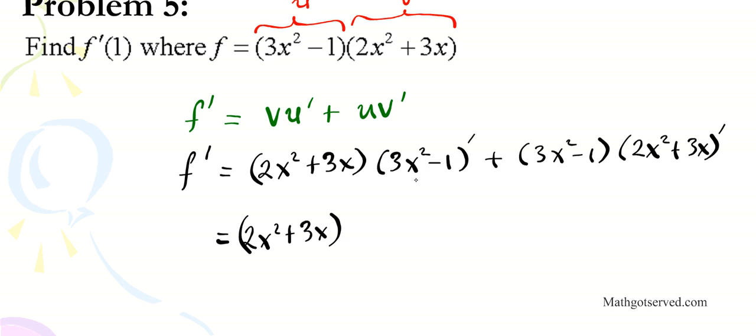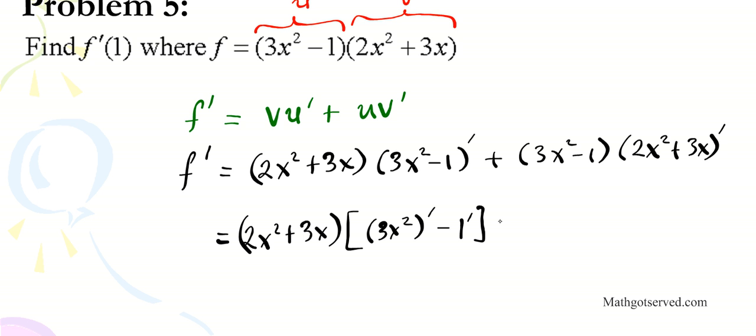So in this case, on the left side, it's going to become this expression times (3x squared) prime minus 1 prime. Okay, distribute it to each term.